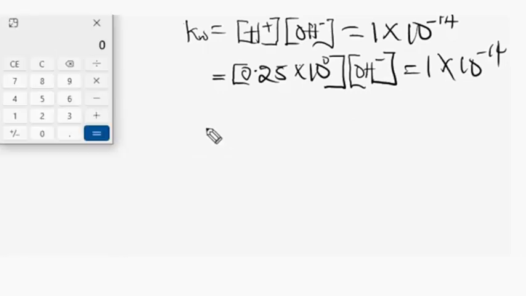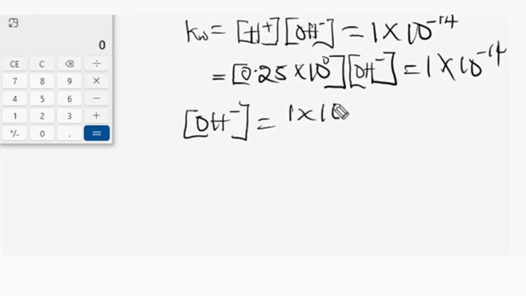So guys, making OH concentration the subject of this equation, we're going to have 1 times 10 to the power of negative 14 over 0.25 times 10 to the power of 0.